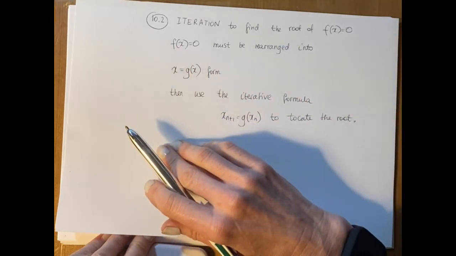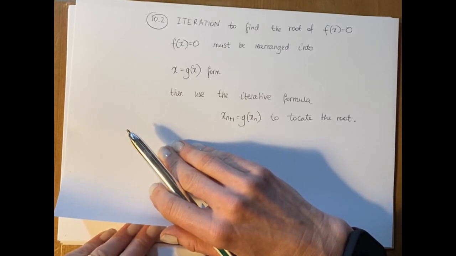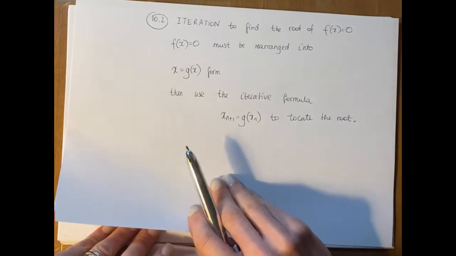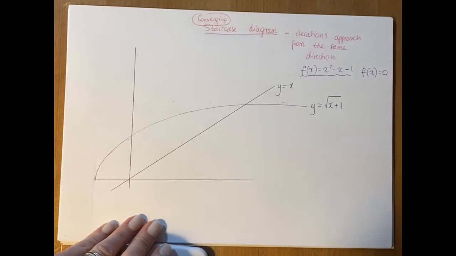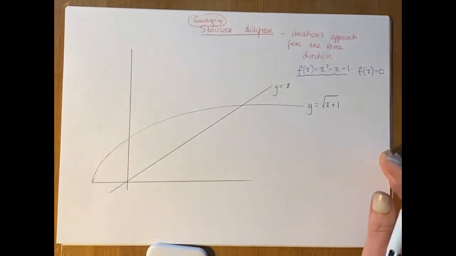We call that they diverge, so there is no solution that can be found using that particular iterative formula. Also, it depends on what the starting value is.